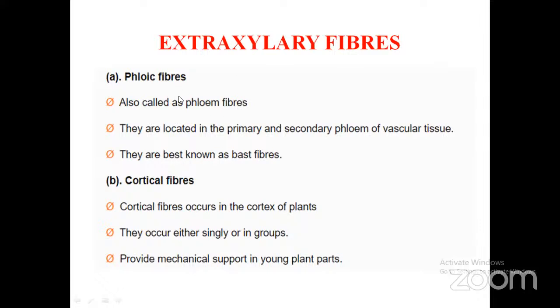Let's discuss one by one. The first one, phloem fiber, these are also called bast fibers. Phloem fibers, and another name, bast fibers. They are located in the primary and secondary phloem. I will explain primary and secondary later. Primary phloem and secondary phloem of the vascular tissue. And next one, cortical fiber, which is present inside the cortex.